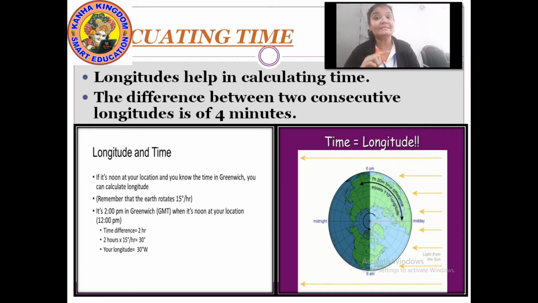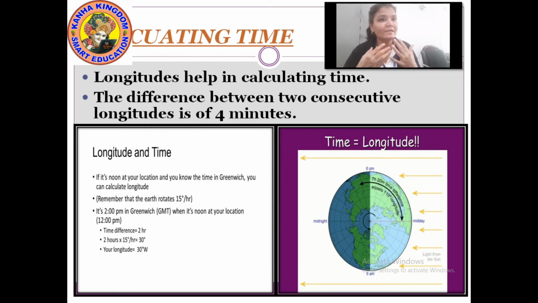Again I repeat, to calculate time you have to take help of the longitude. And before calculating the time, you should know the difference between consecutive longitudes. The difference between two consecutive longitudes is 2 minutes. No, how many? 4. Yes, it is 4 minutes. Never get confused.